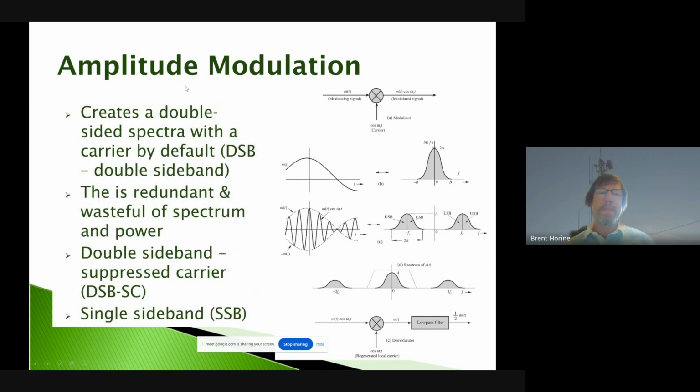What's happening here is we're creating this double-sided spectrum, right? So there's an upper sideband and a lower sideband, and it turns out this is redundant and wasteful of spectrum and power. This was our original signal, and because it was a real signal, it's Hermitian, so this part of the signal is almost identical to this, via complex conjugate.